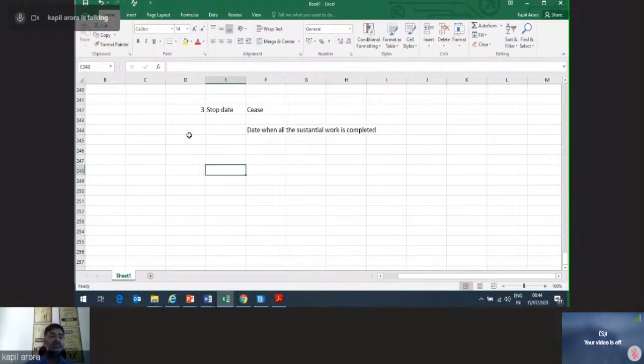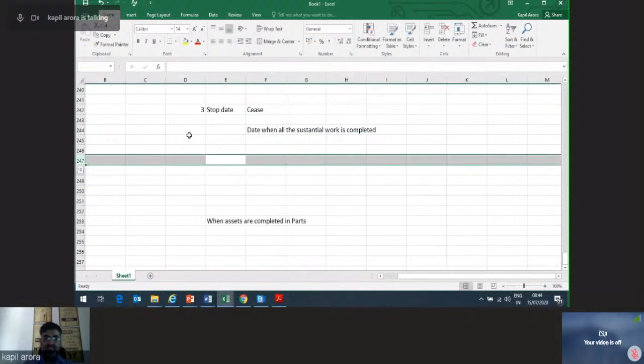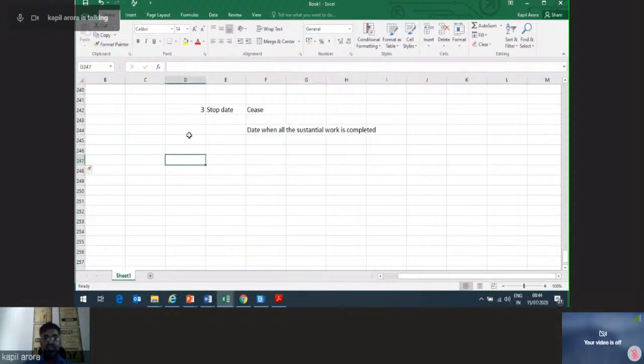The issue comes up when assets are completed in parts. Right. So first let's understand the example here. Started construction on 1st April 2019.